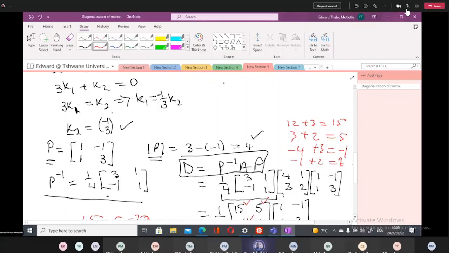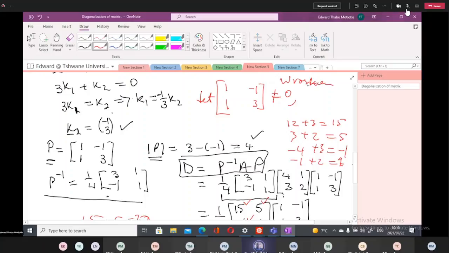This is another part that I'm still going to teach under vector space. So you have 1 and 1, minus 1 and 3. You can just determine the determinant of this matrix. If the determinant is not equal to 0, the eigenvectors are independent.